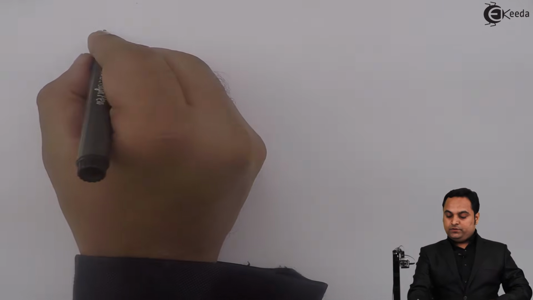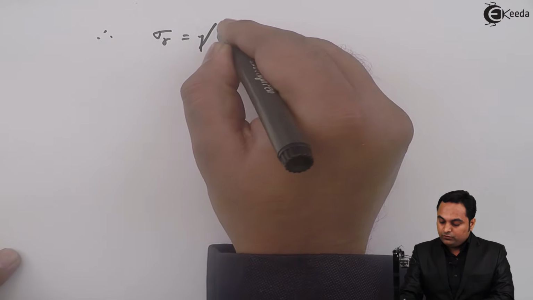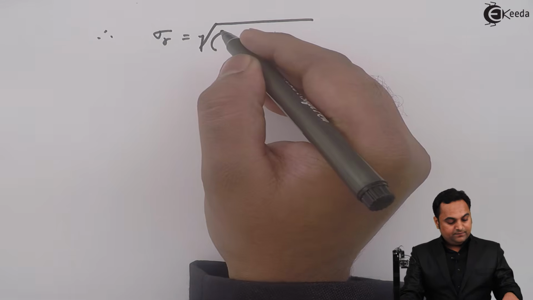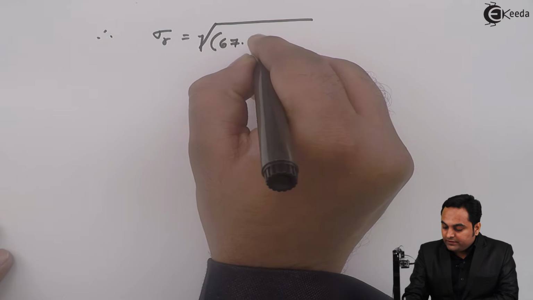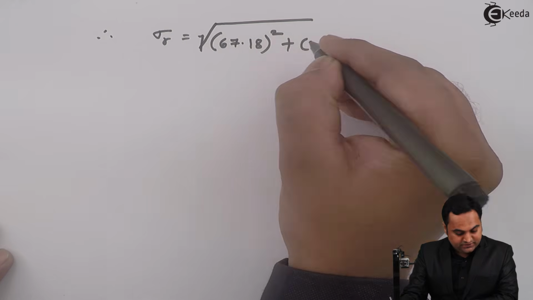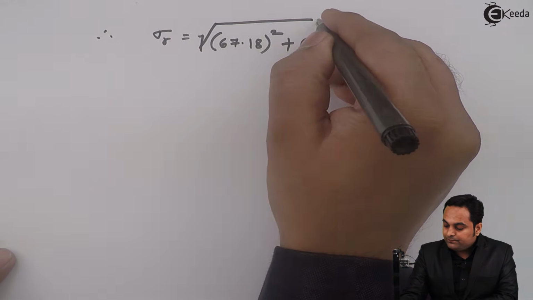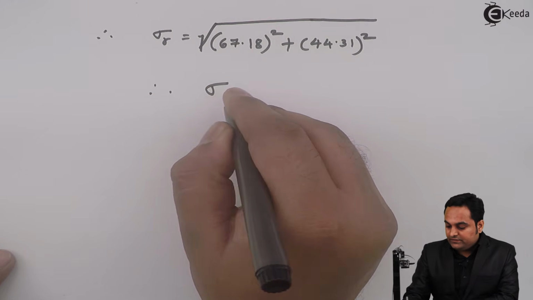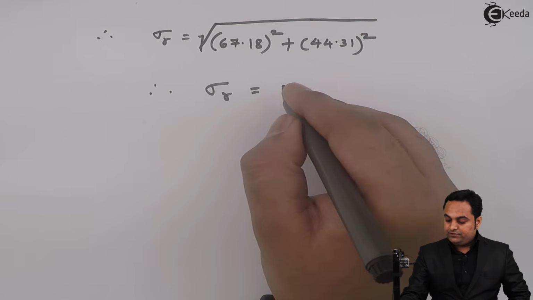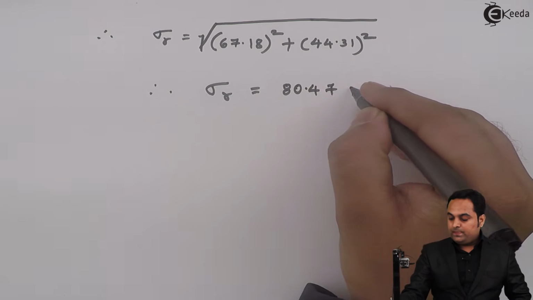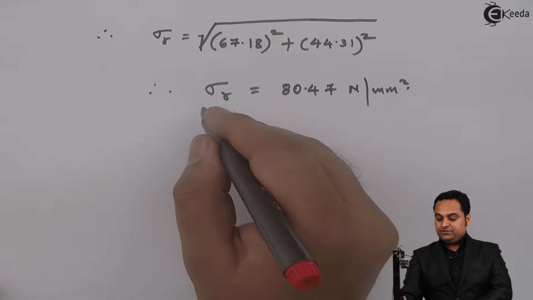So therefore sigma suffix r is equal to root of sigma n, that was 67.18 square, plus sigma t, 44.31 square. So from this I'll get the answer of resultant stress. It is 80.47 Newton per mm square, and this is the third answer.